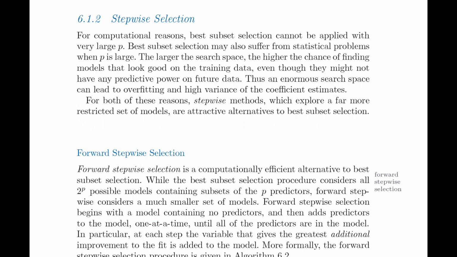The larger the search space, the higher the chance of finding models that look good on the training data, even though they might not have any predictive power on future data. Quite right.